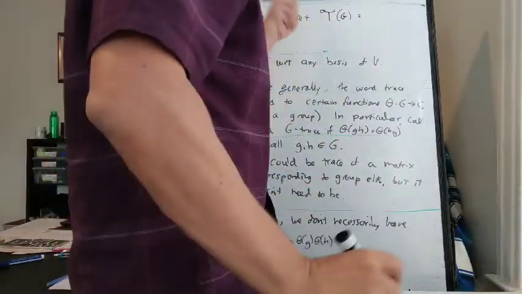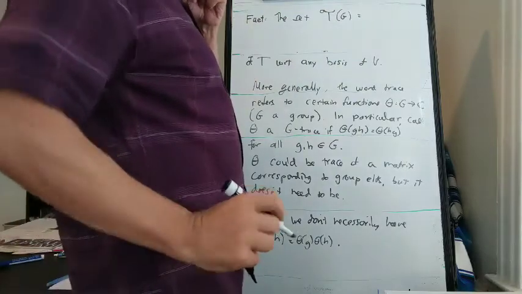Let me use script capital T of G to be the set of G traces.